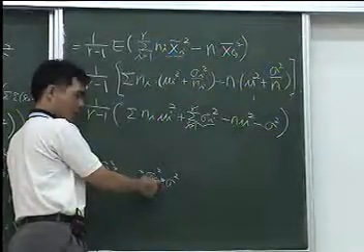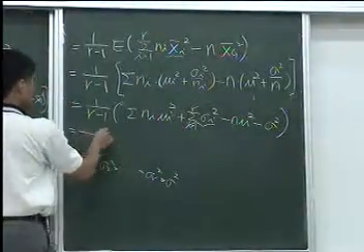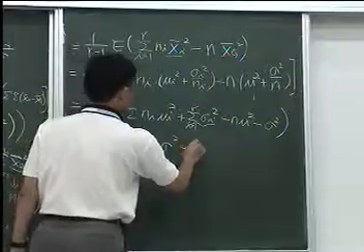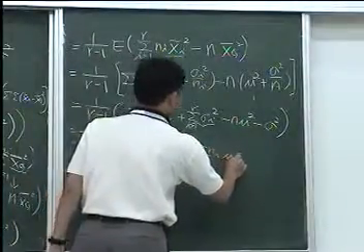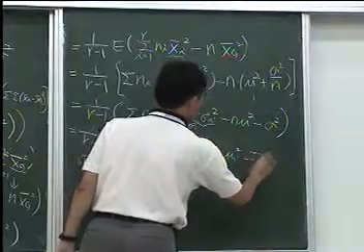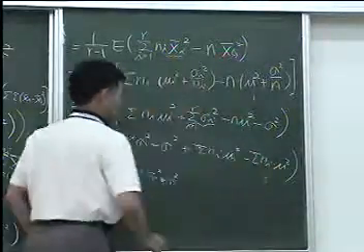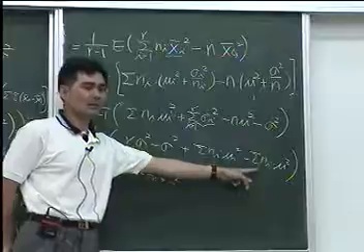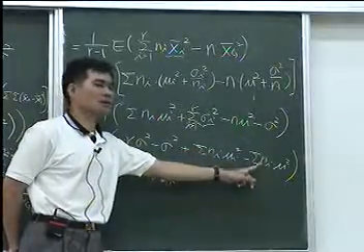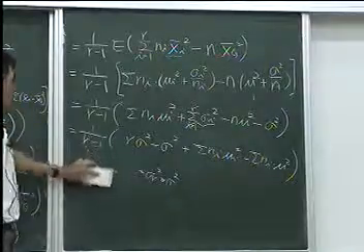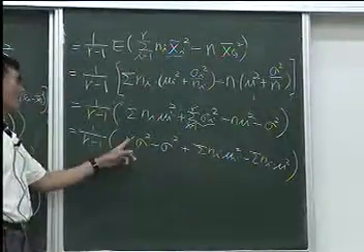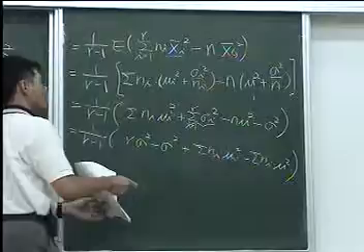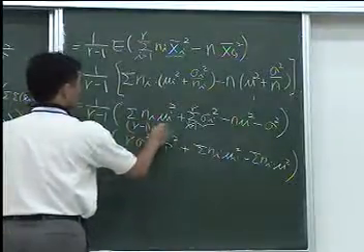We have r sigma squared. So we have r sigma squared minus sigma squared plus summation Ni mu I squared minus summation Ni mu squared, because n is equal to summation Ni. And so r sigma squared minus sigma squared gives you r minus 1 sigma squared.